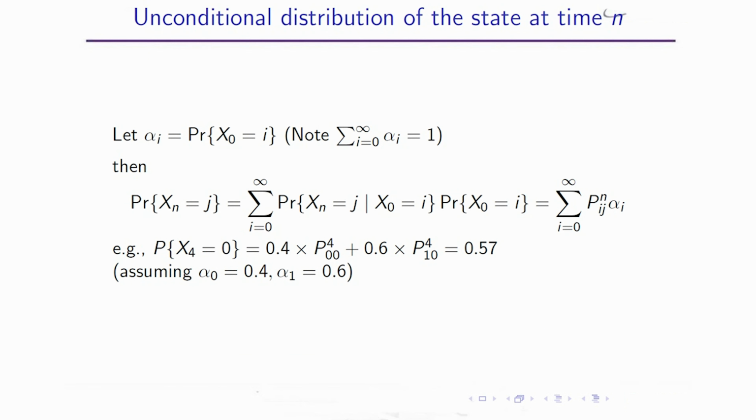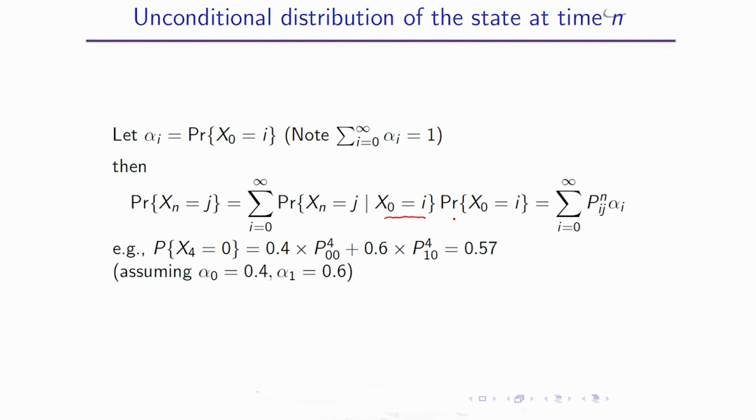Unconditional distribution of the state at time n. If we let alpha_i represent the probability that X0 is equal to i, then obviously the summation of alpha_i must be 1. So the probability that Xn is equal to j can be written as the sum over all possible i of the probability that Xn is j given X0 is i, times the probability that X0 is equal to i.